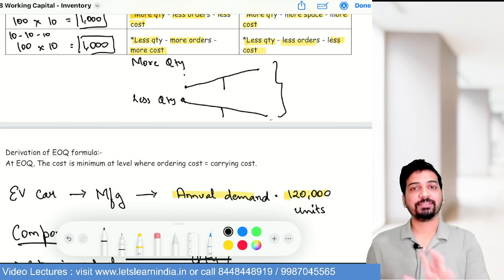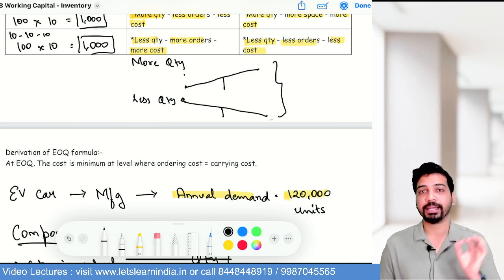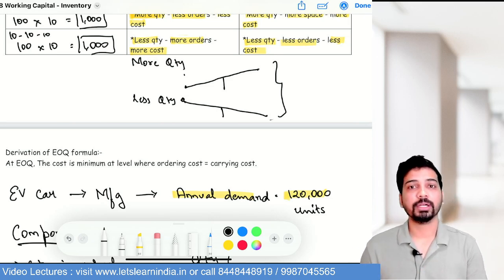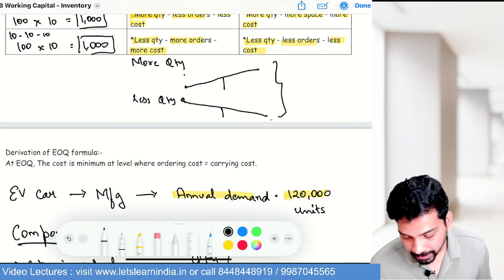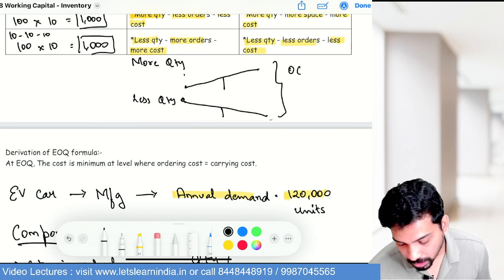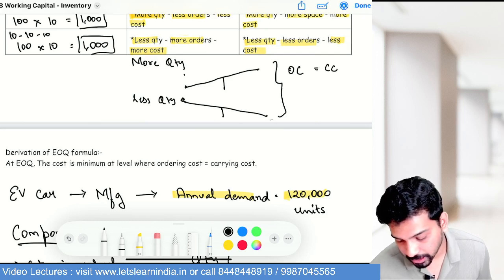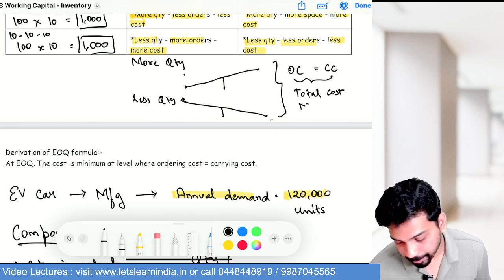So as we studied in the economic order quantity, what is that quantity that we should order so that total cost is minimum? This becomes minimum when the ordering cost is equal to carrying cost. This is the very point where the total cost is minimum.